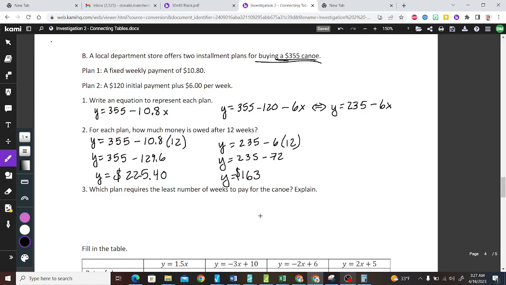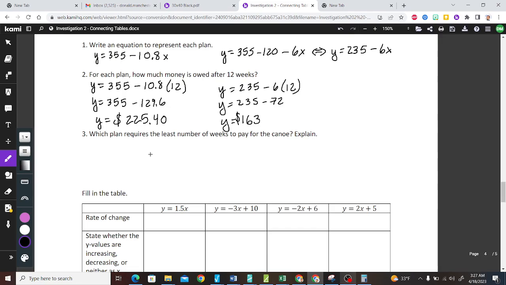So which plan requires the least number of weeks to pay for the canoe? Now, you might be sitting here going, it's going to be the same amount because the last time it was. But let's confirm that. 0 equals 355 minus 10.8x. Subtract 355 from both sides. That gives us negative 355 equals negative 10.8x.